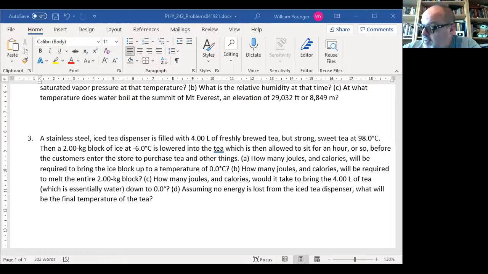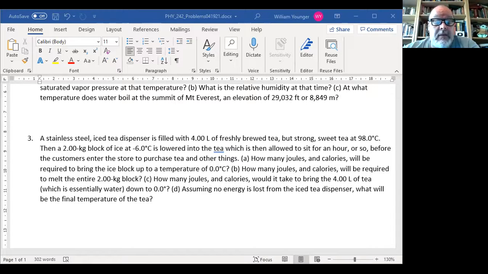The initial temperature of the tea, T0T, is equal to 98.0 degrees Celsius. The mass of the block of ice, M ice, is equal to 2.00 kilograms. The initial temperature of the ice is -6.0 degrees Celsius.